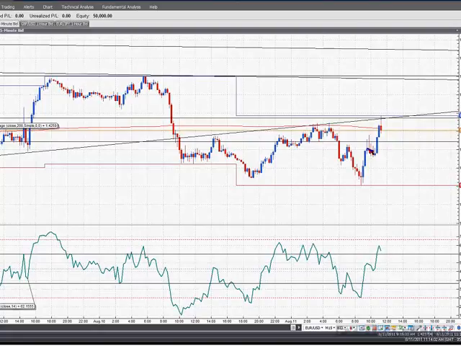If it fails to break back below this low, then we're going to be establishing higher lows and higher highs, and that would build the case for the bullish continuation. But I'm always concerned about a bull trap for further consolidation, further correction.